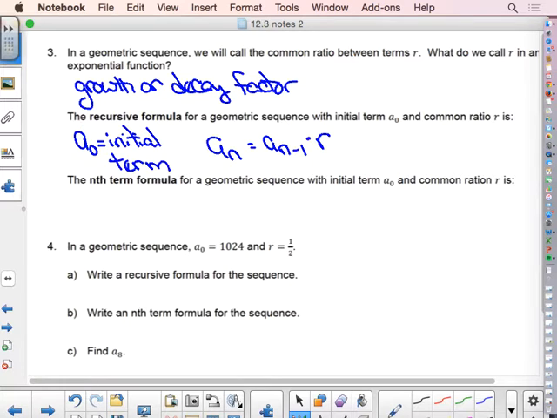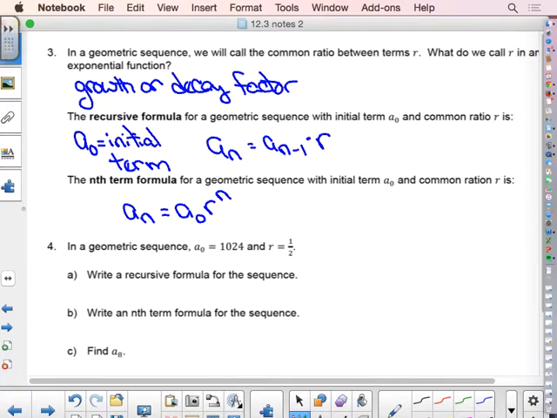The nth term formula will be a sub n is equal to a sub 0 times r raised to the n, where n is the number for a. I have to be careful of that, because if I say a sub 100, then I'm going to use 100, but we would want to recognize that's the 101st term of that sequence.